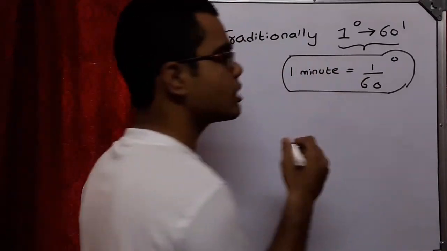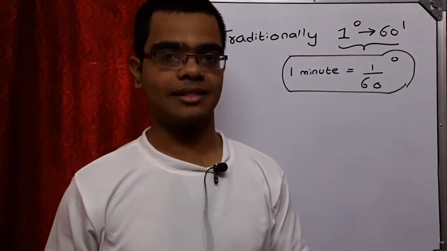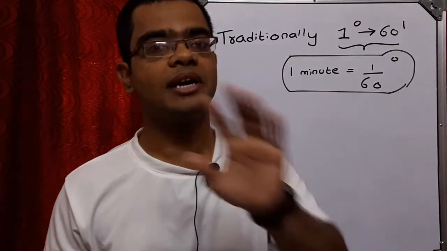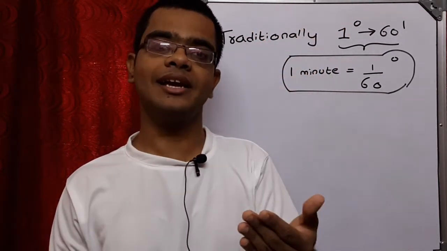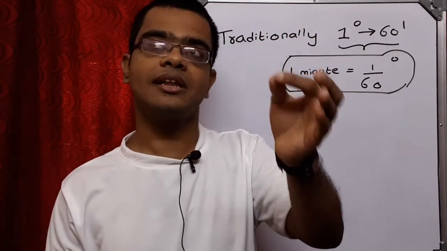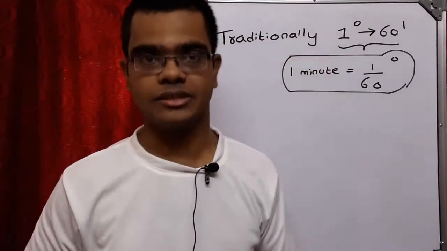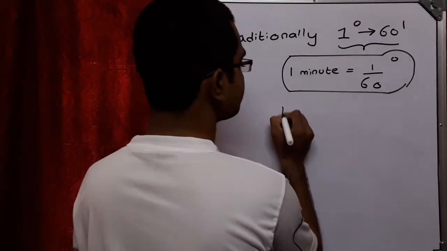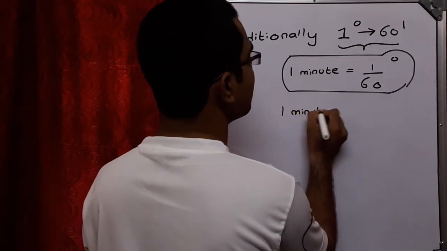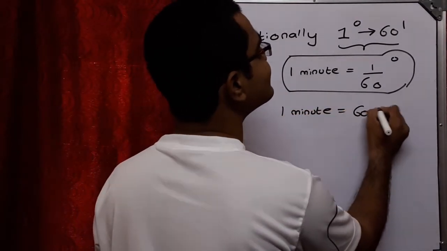For one thing, you can always remember that the angle degree is the basic measurement we think of, but it's not the most basic. Below the angle degree, there is a further classification, that is 60 minutes. And again, 1 minute is classified into 60 seconds. So 1 minute is equal to 60 seconds.